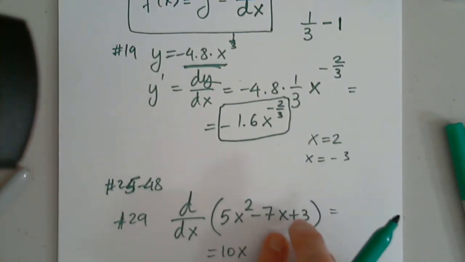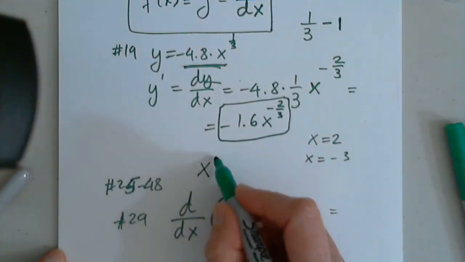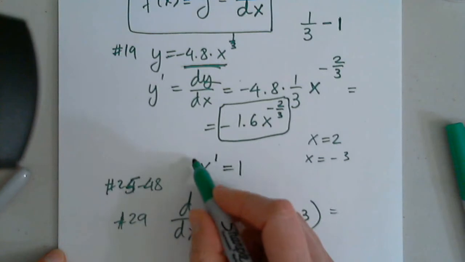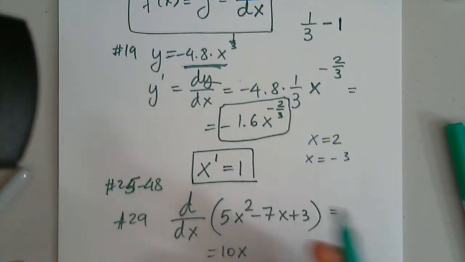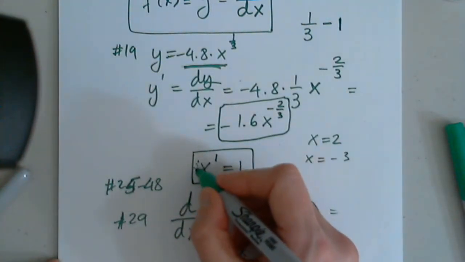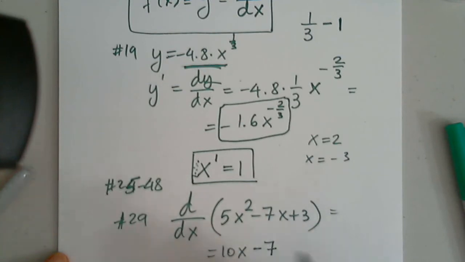Differentiate negative 7. But when I differentiate x, so let me write this for you. X prime is 1. It's the slope of x. The slope of x is 1. And so this is minus 7.